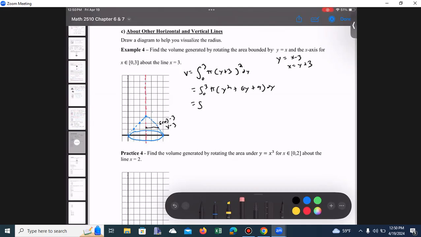And so we'll take the antiderivative. Pi (y cubed over 3 + 3y squared + 9y) from 0 to 3. Zeros won't matter, so the bottom limit doesn't matter. So you get pi times (3 cubed is 27, over 3, plus 3 times 9, which is 27, plus 27).